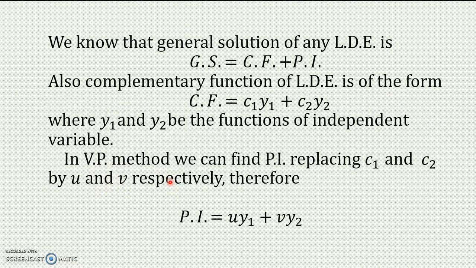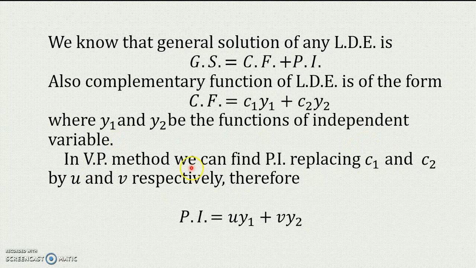We know that the general solution of any linear differential equation is the complementary function plus the particular integral. Also, the complementary function of a linear differential equation is of the form c1 y1 plus c2 y2, where y1 and y2 are functions of the independent variable.